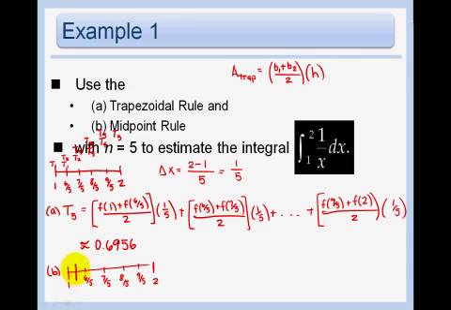So the midpoints are going to be not simplified, but that's okay. So here's my first, second, third, fourth, fifth.